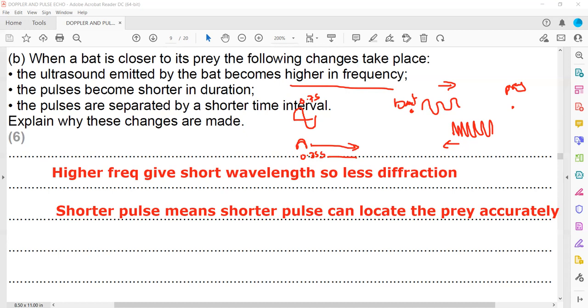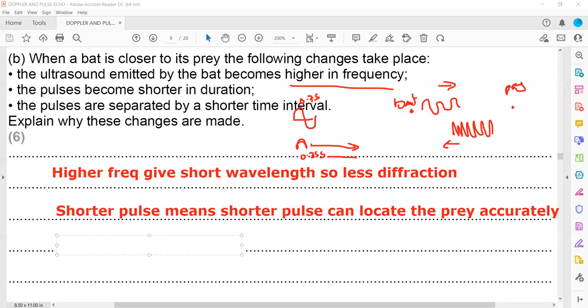And the pulses are separated. The pulses which are emitted from the bat are separated by a short time interval. So when the bat is sending a pulse, receiving, and then sending another pulse. Why not send continuously? So they are separated by a short time interval. What is the advantage here?